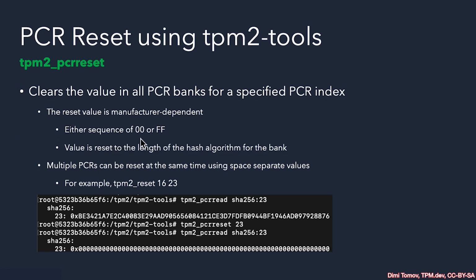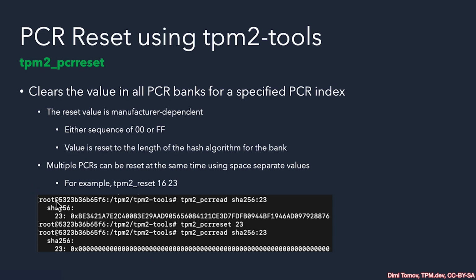The reset value of a PCR is defined in the TCG specification, and it depends on the PCR register number and its use. It's either all zeros or all ones. The value is reset, of course, to the full length of the hash algorithm for that bank. If we have SHA-256, this would mean 32 bytes of all zeros or all ones.